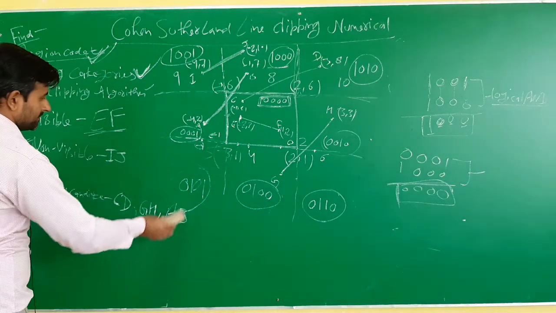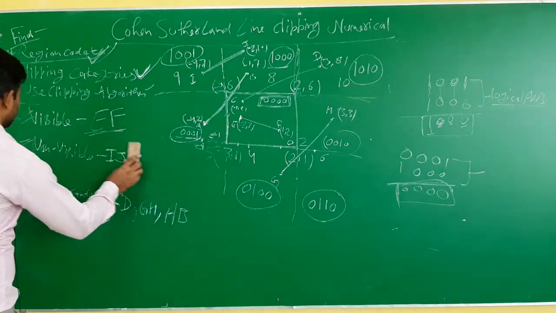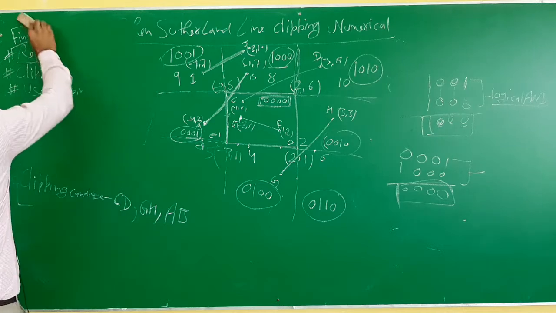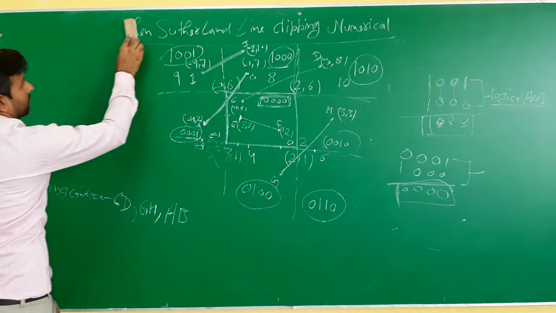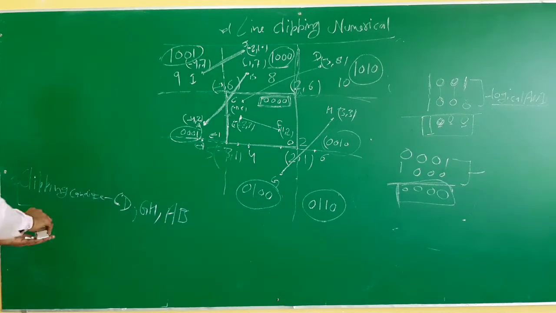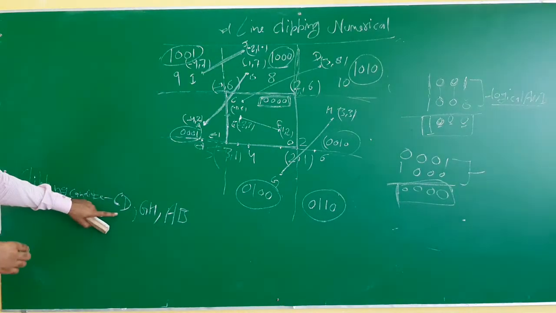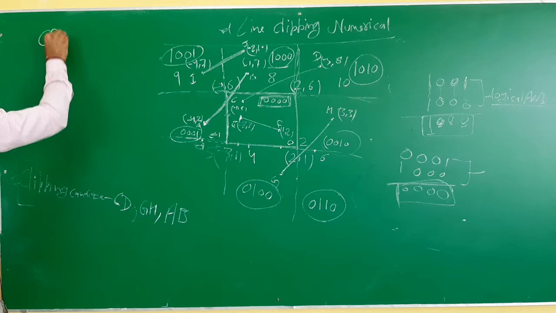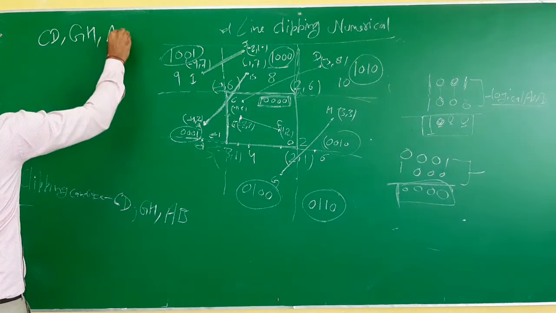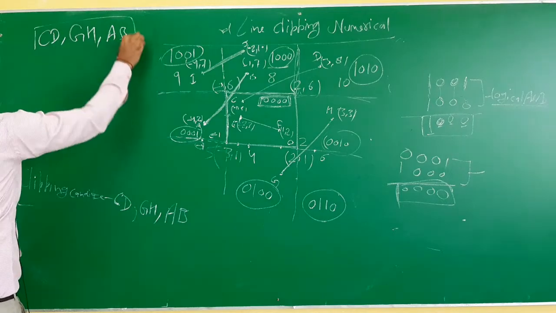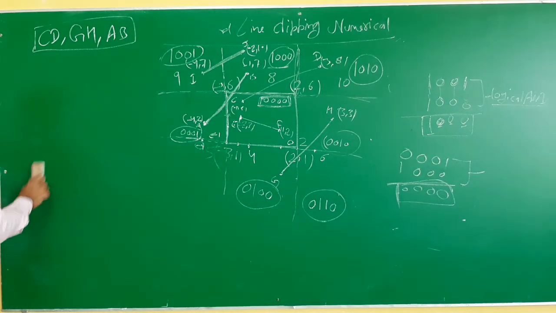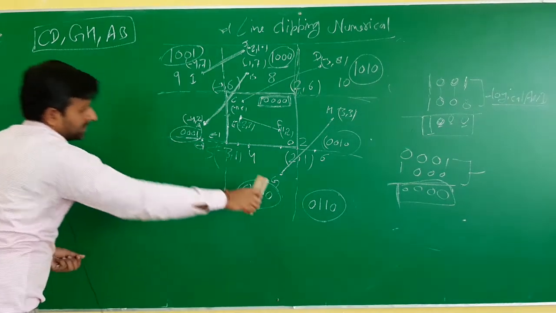I am going to rub it. Look, now we have 3 lines, line CD, GH and AB. We have to process 3 lines. These are in clipping candidate.